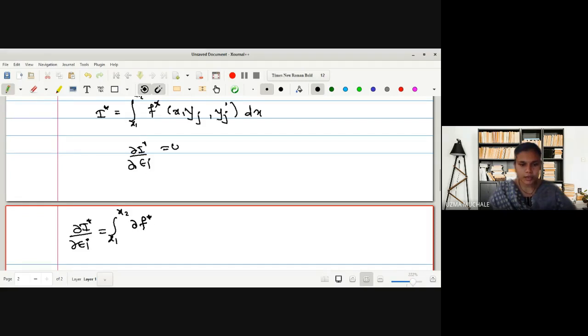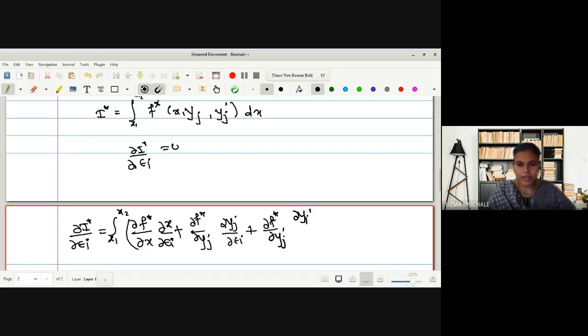Now let me find the derivative of F star with respect to x and then the derivative of x with respect to epsilon i, plus the derivative of F star with respect to yj and then the derivative of yj with respect to epsilon i, plus the derivative of F star with respect to yj dash and the derivative of yj dash with respect to epsilon i.